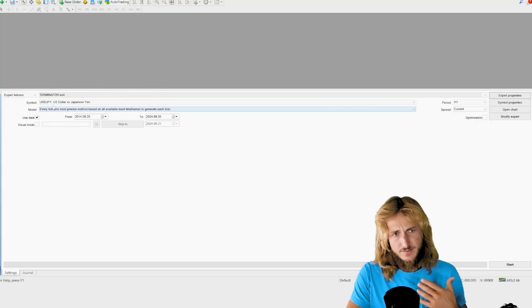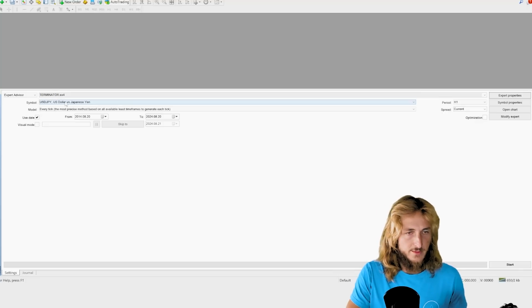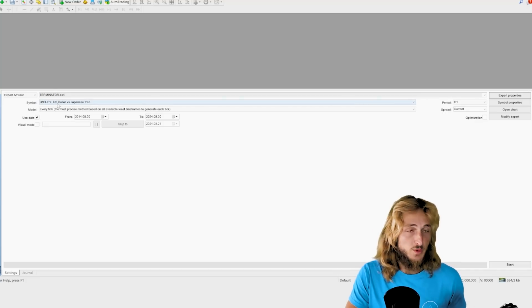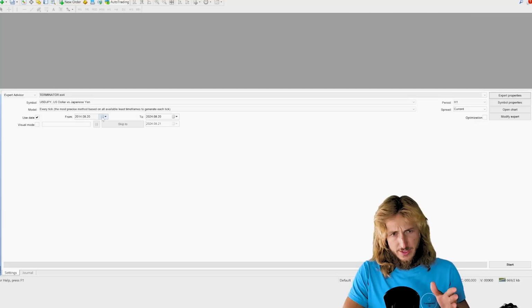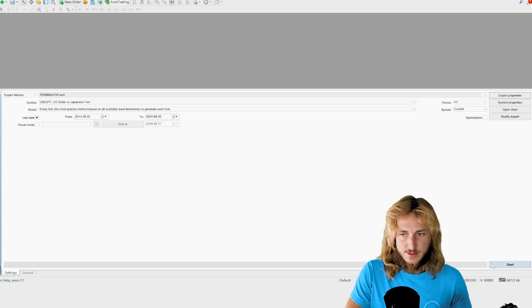And with the current settings, this EA that I have, which I call Terminator because I like the name, will be trading on USD/JPY with the current settings that I have put in the code. So this will run from 2014 to 2024. So essentially the last 10 years. So let's run it and see how it goes.